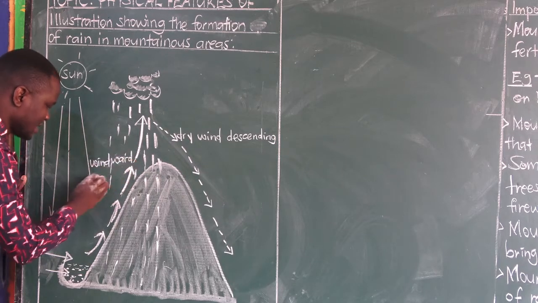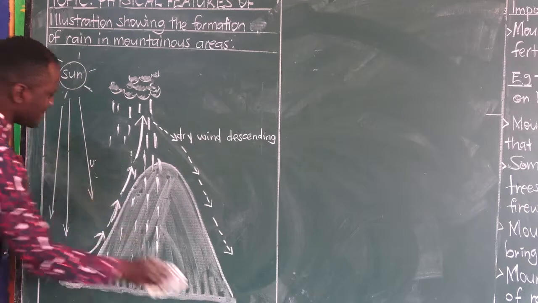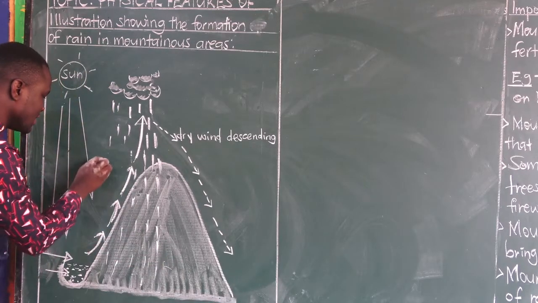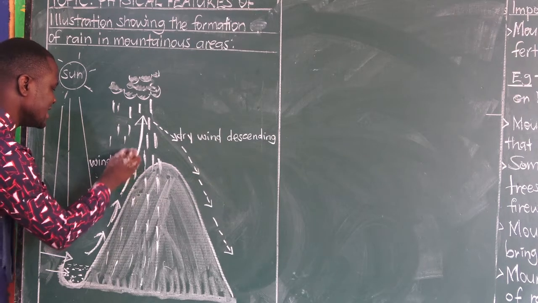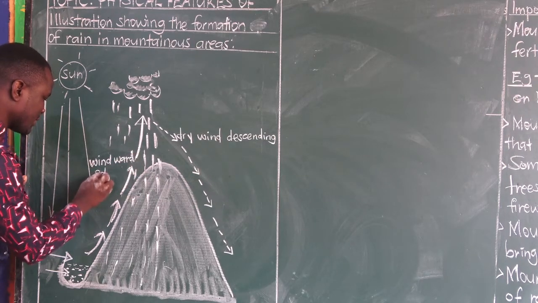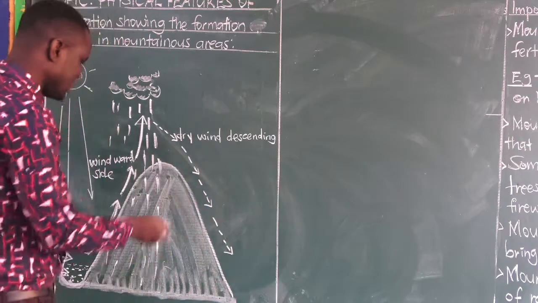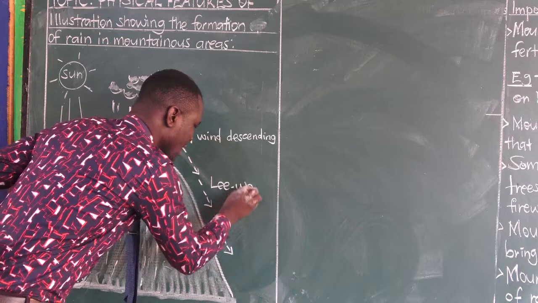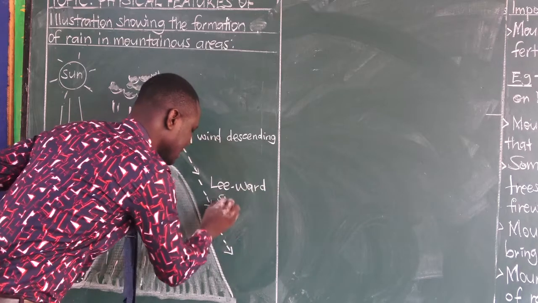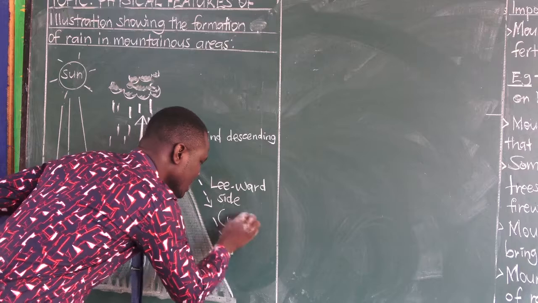Windward side. I believe you are able to see this well. Let me wrap so that you can see it well. We say this is the one we call windward side. Now, the other side which does not receive rain is the one we call the leeward side. We can simply call it the rain shadow.